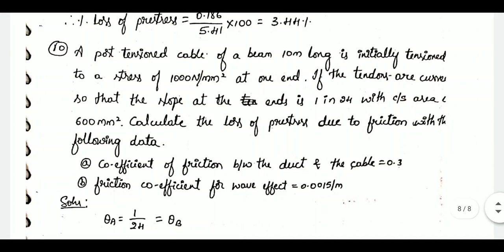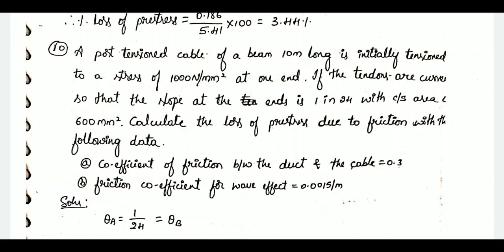Next problem. A post tensioned cable of a beam 10 meter long is initially tensioned to a stress of 1000 Newton per mm square at one end.